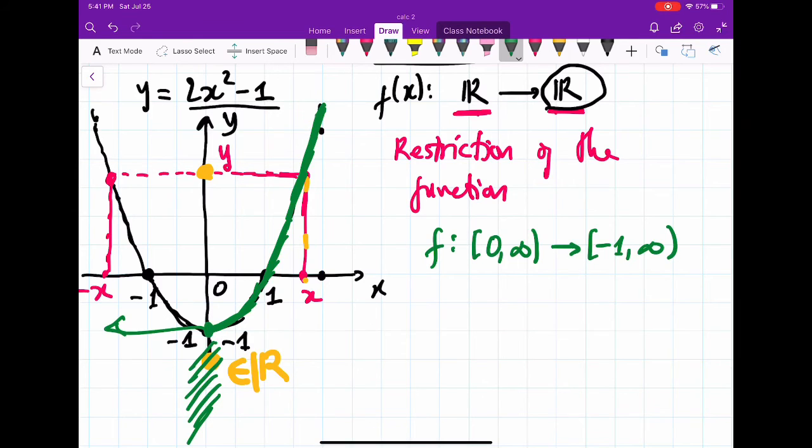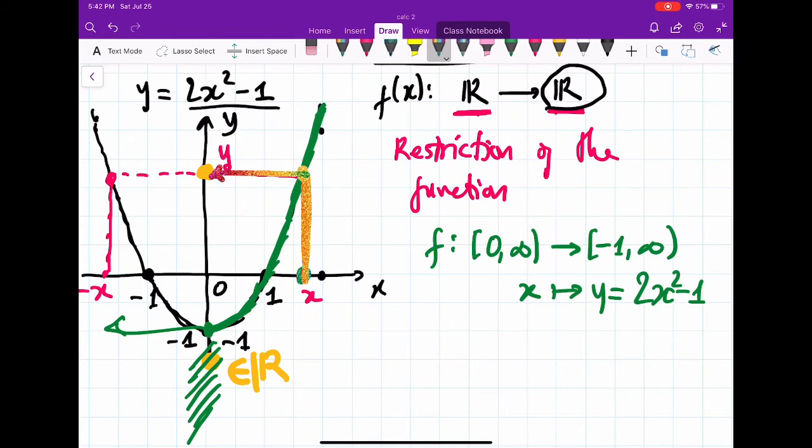You see this? So what does it mean? It means I send x to y equal to 2x squared minus 1. In this situation, my function is invertible, or my function has an inverse. Why? Because for each x here I have only one value y corresponding to x.